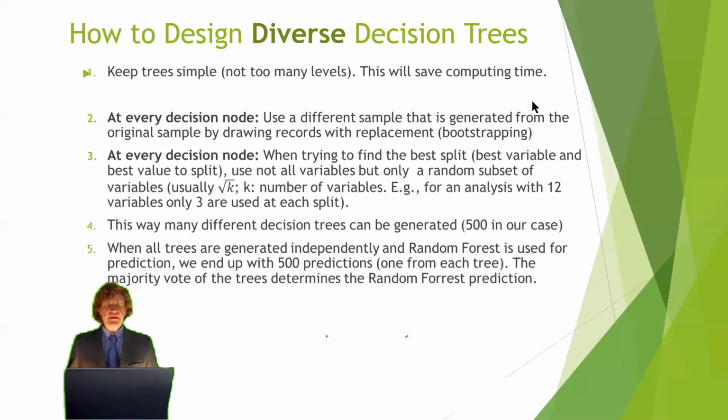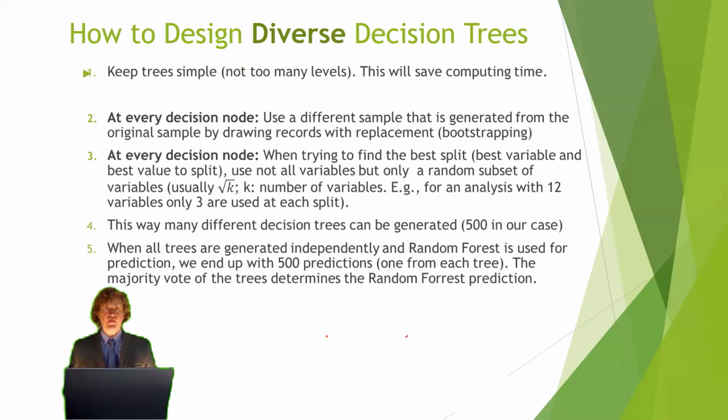Second, at every decision node, a slightly different data set is used. We get these different data sets by drawing from the original data set with replacement until we have the same size as the original data set. That gives us a different data set every time, and this method is called bootstrapping. In addition, at every decision node, not all variables are considered.